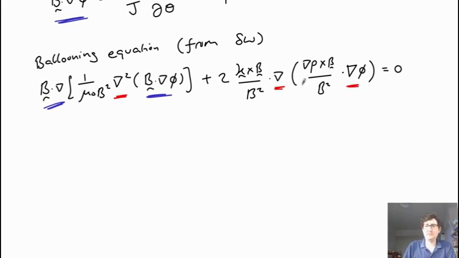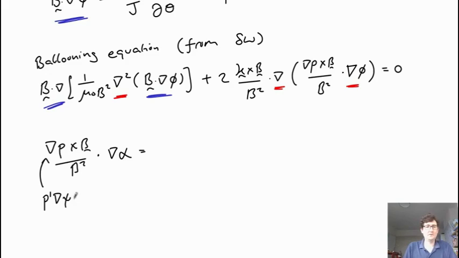There's a bit of manipulating to do to get this, for example. So we have the grad p cross b over b squared, and then here with this grad phi becomes a grad alpha. So we have a dot grad alpha term. So grad p is just dp by d psi times grad psi. So this bit here is p prime, which is dp by d psi, times grad psi.